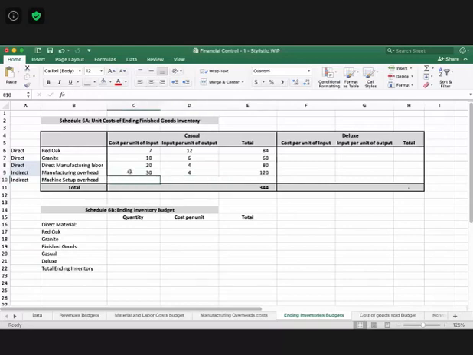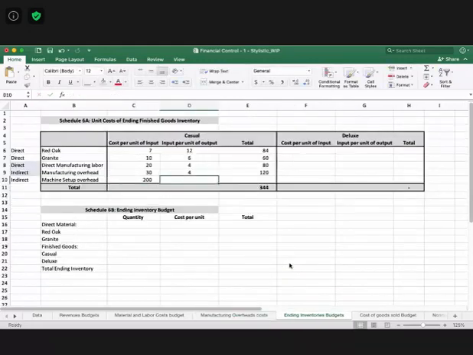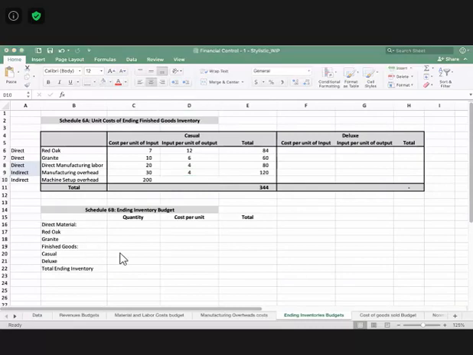And for the last one, for setup, each unit of setup is $200. And what does it represent? It represents the number of setup hours for one unit. So I think we have it here somewhere. Don't we have it? No, we don't. Okay, let me check.